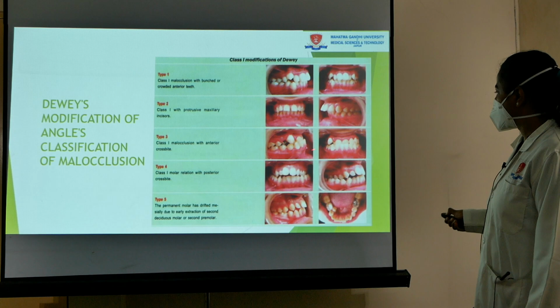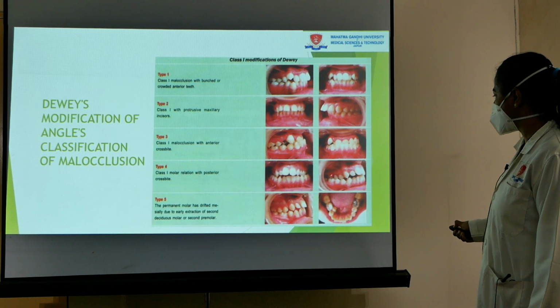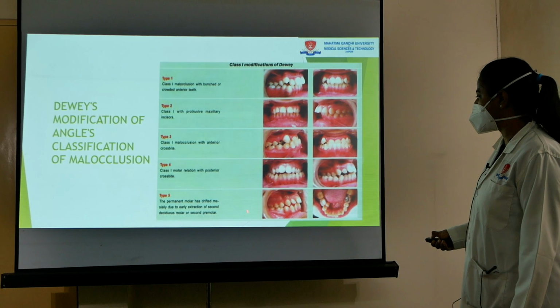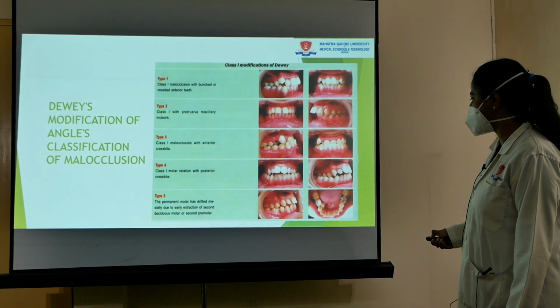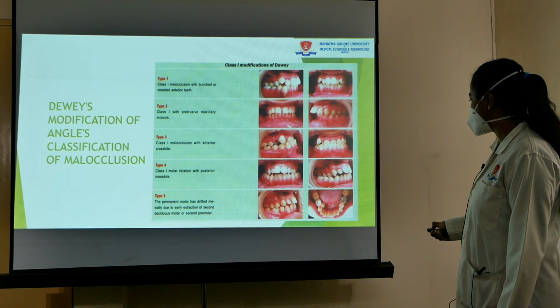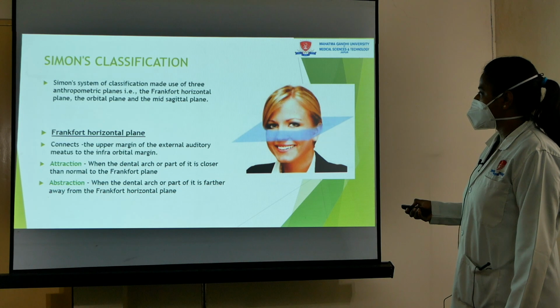Type 3 means class 1 molar relationship with anterior crossbite. Type 4, in this the posterior crossbite, and type 5, in this the permanent molar has been drifted mesially due to the extraction of the second deciduous molar. Here we can see the mesially drifted molar is there. So these are the Angle classification system.